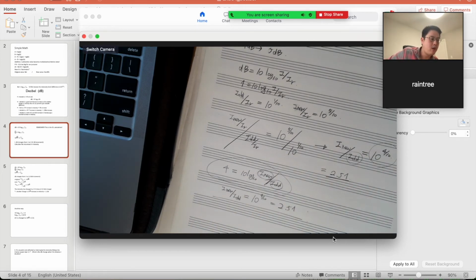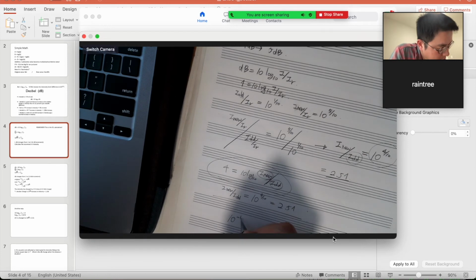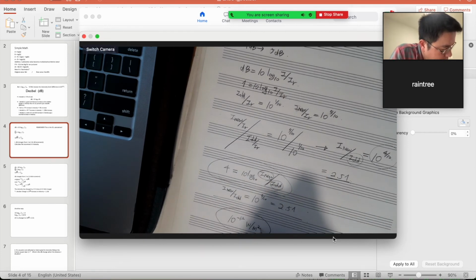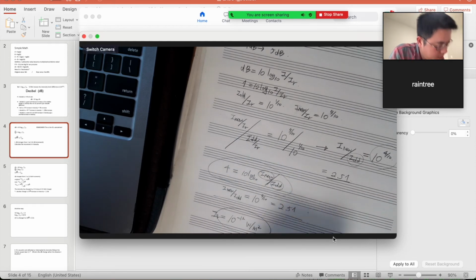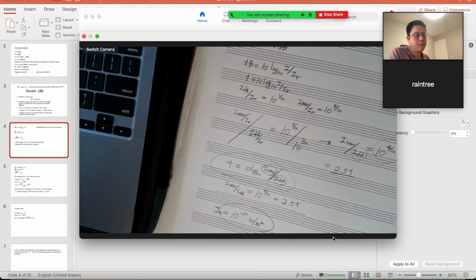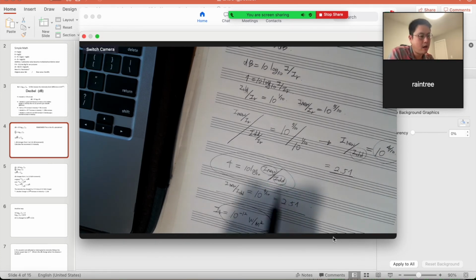By the way, we usually use the reference sound intensity level as 10 to the minus 12 watt per meter squared, IR. But this is really not something mandatory that you need to remember, because decibel is always relative. So you just compare it this way.